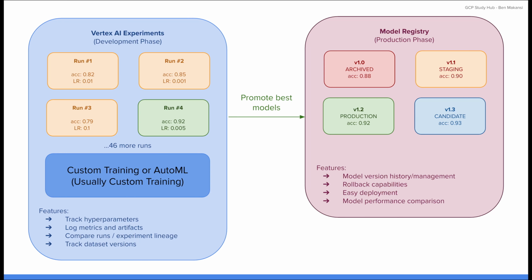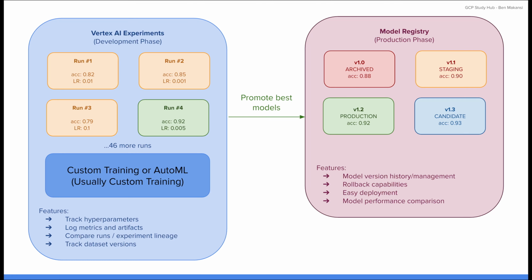And so now we're in the production phase. This is where the versioning, staging, and deployment come into play. So each version here represents a model that's been promoted from a past experiment. Version 1.0 is archived, 1.1 is staged, 1.2 is the one that's in production, and 1.3 is a candidate model possibly being evaluated before deployment.